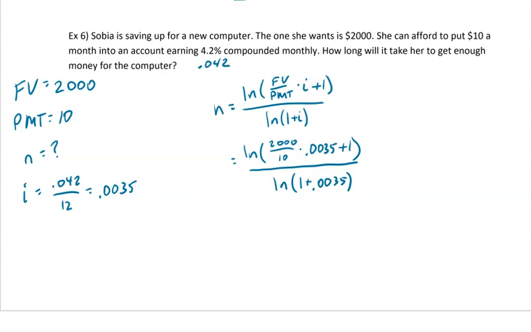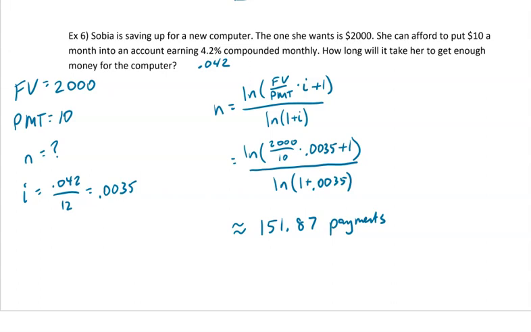Then we can go ahead and plug all of that into our calculator. All right, so if we plug this into our calculator, we get approximately 151.87, and that's the number of payments, remember.